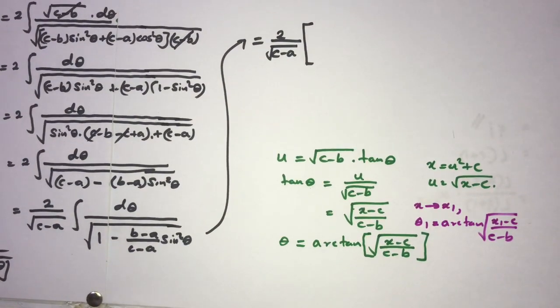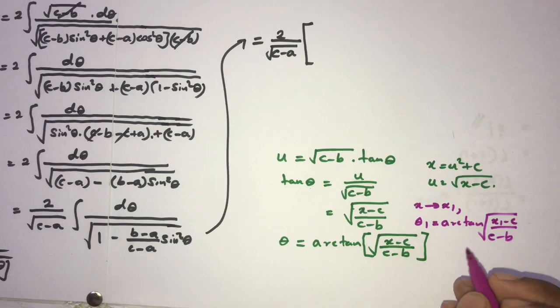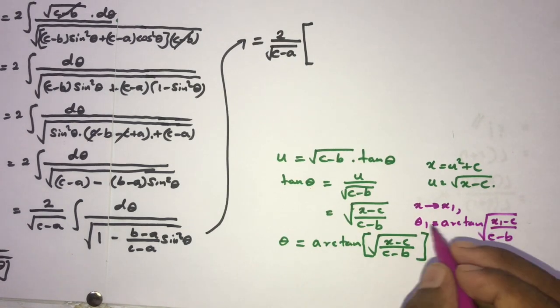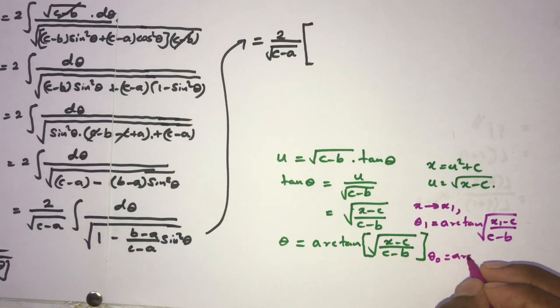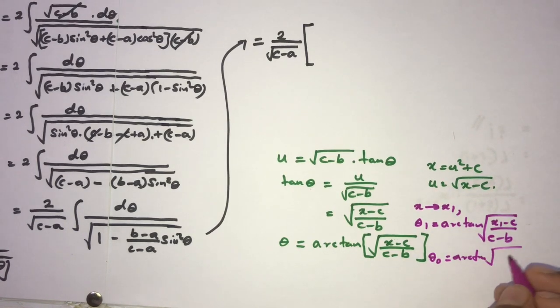Same as when x approaches x naught, we know theta naught is arctan of x naught minus c over c minus b.